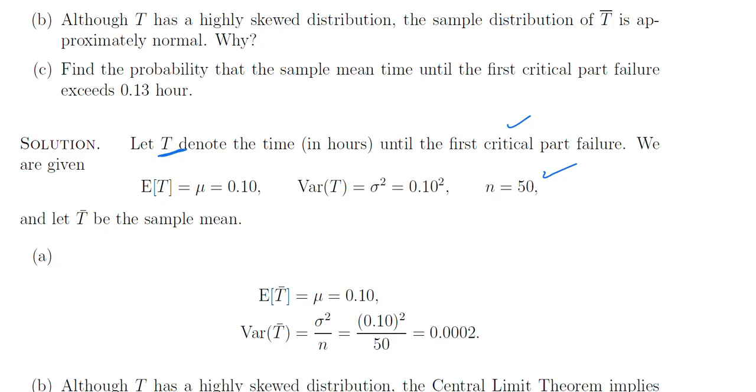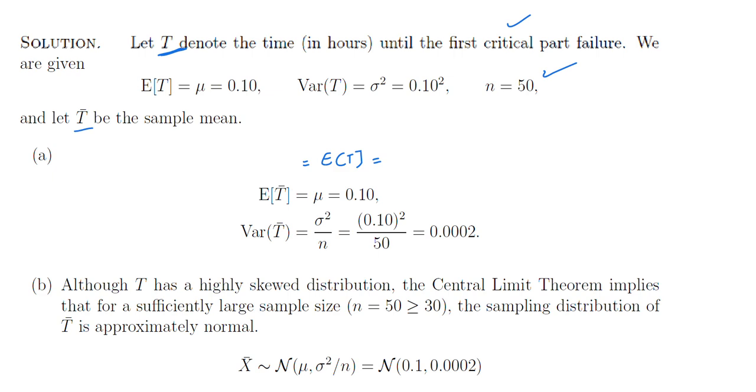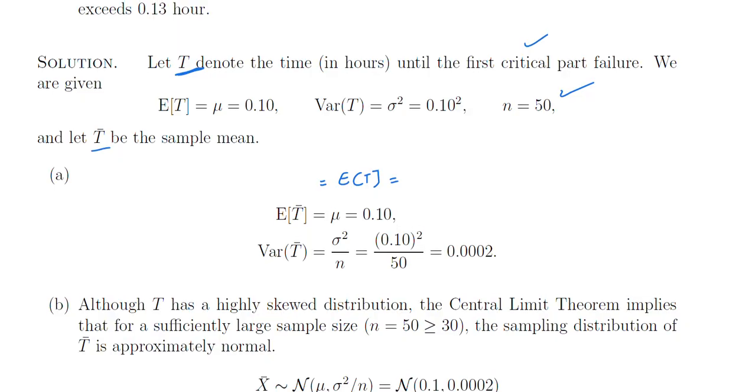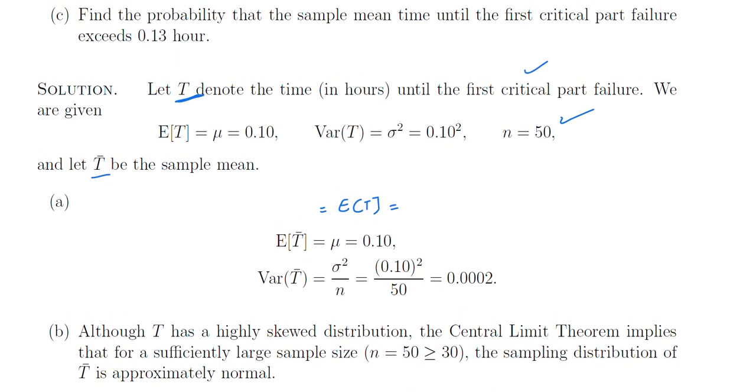So now to answer the expected value of T bar, we know that it is the same as the expected value of T, which is mu, which is 0.1. And the variance of T bar, we learned that it is sigma squared over n.